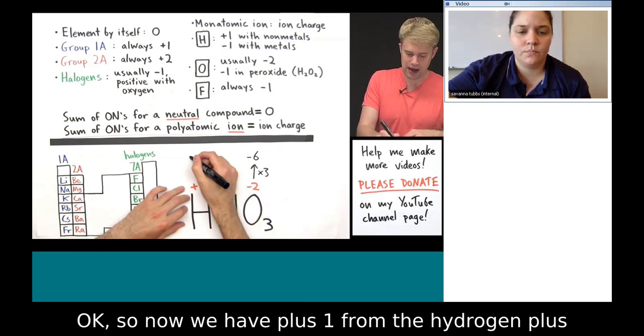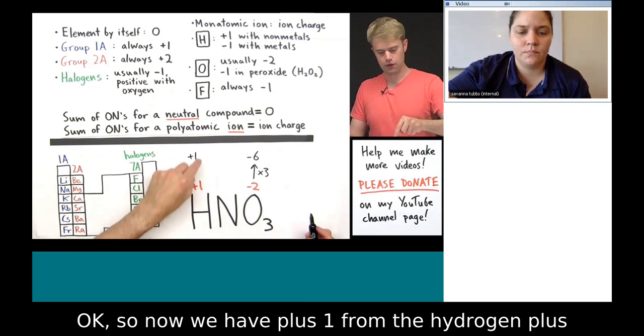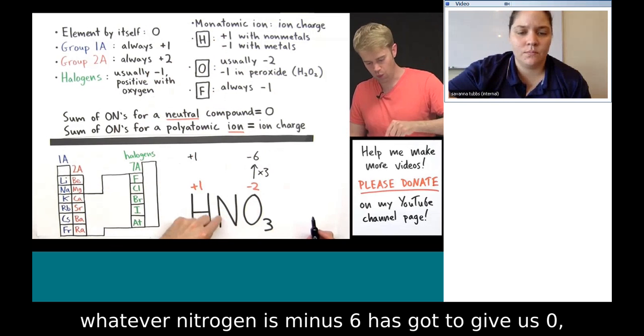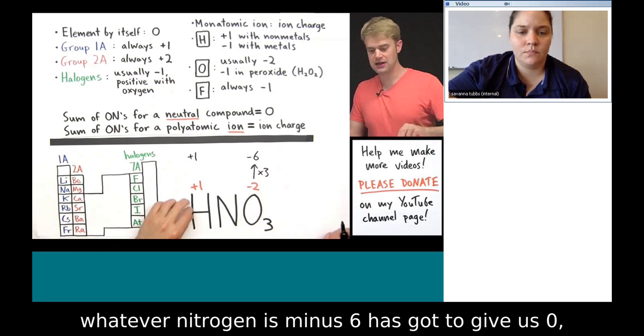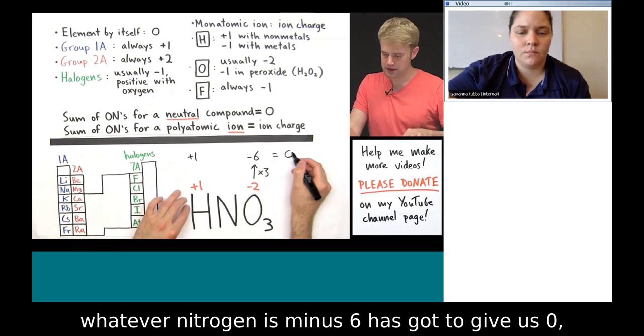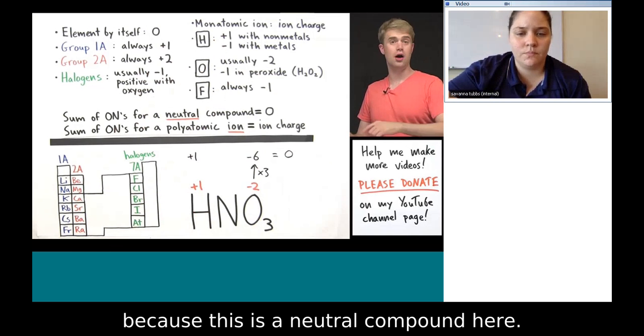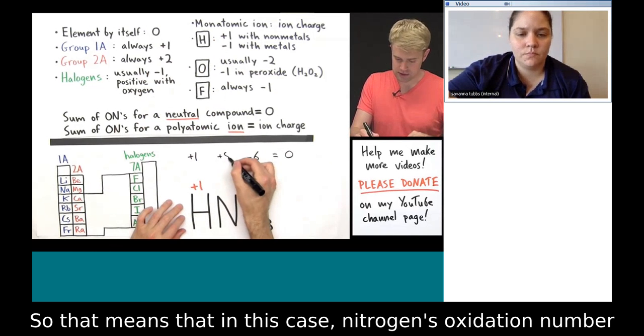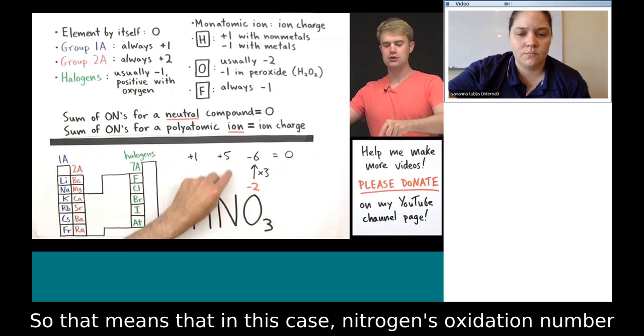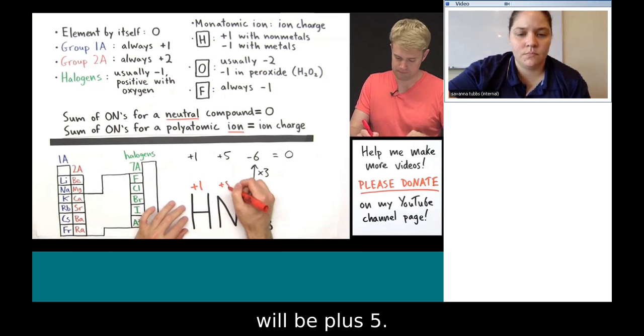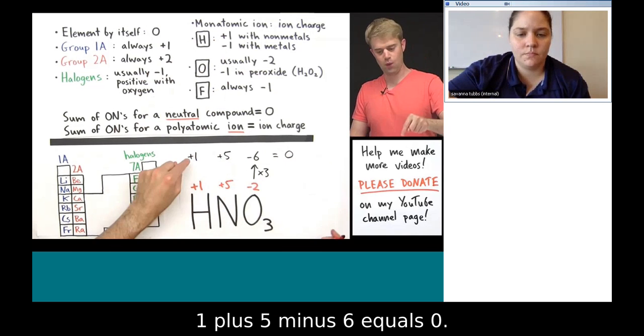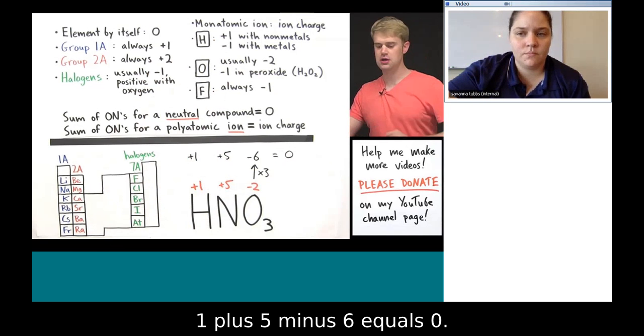Okay, so now we have +1 from the hydrogen plus whatever nitrogen is, -6 has got to give us 0 because this is a neutral compound here. So that means that in this case, nitrogen's oxidation number will be +5. 1 plus 5 minus 6 equals 0.